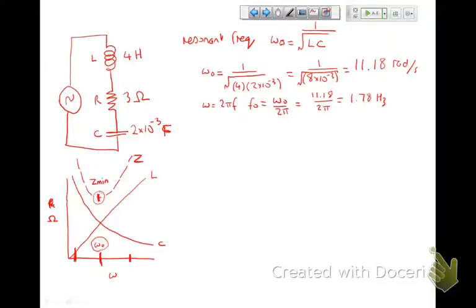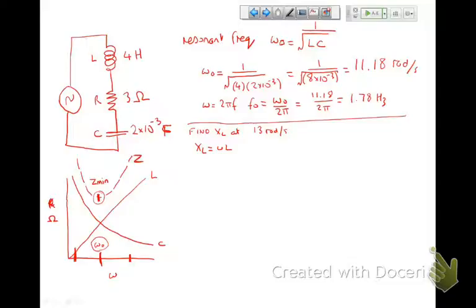So that's one thing I can do. The next thing I do is I deliberately take you to a frequency that is nearby. So I could say find XL at, and let's call it not 11 radians per second, let's say 13 radians per second. So you'd have to be able to recall that XL is equal to omega L. And I kind of remember that by the graph.